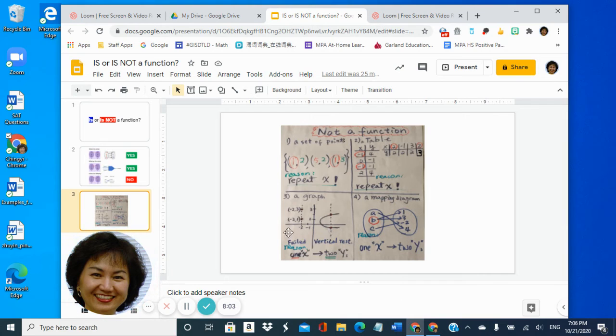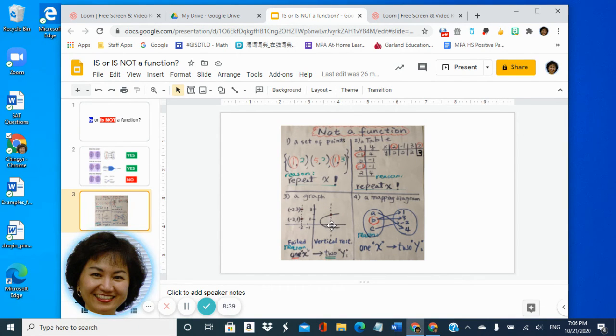Look at this third example. It is a graph. How can we tell whether it is a function or not from a graph? We are looking for the vertical test. In other words, we put a vertical line here, and we see we have 2 different y's, but we only have 1 x here, because every point on this vertical line has the same x.